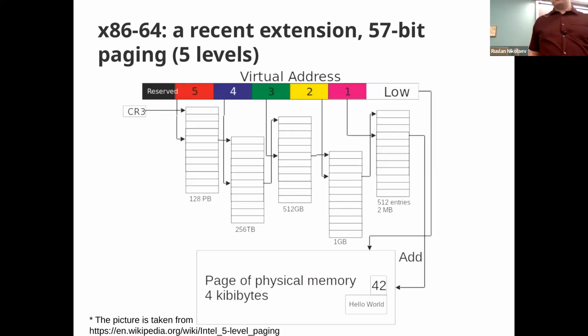The first level gives you 2 megabytes. Second level gives you 1 gigabyte. Then another level gives you 512 gigabytes, then another 256 terabytes, and then 128 petabytes. Because at each level you multiply by 512. 2 to the power of 9 is 512. So 512 entries, each entry is 8 bytes.